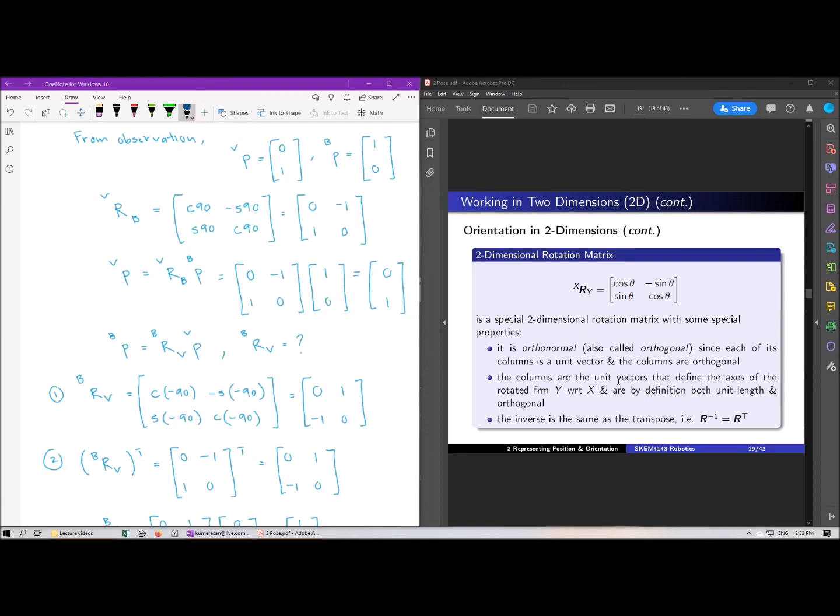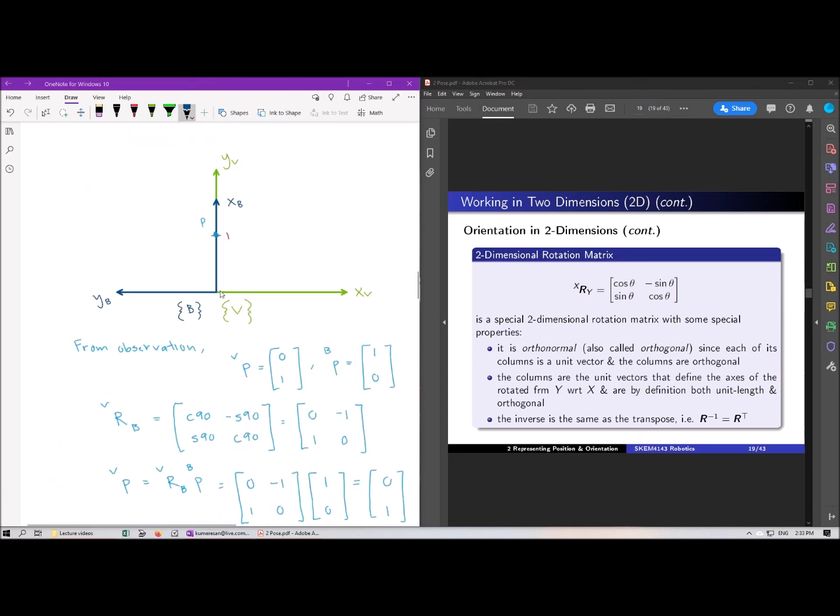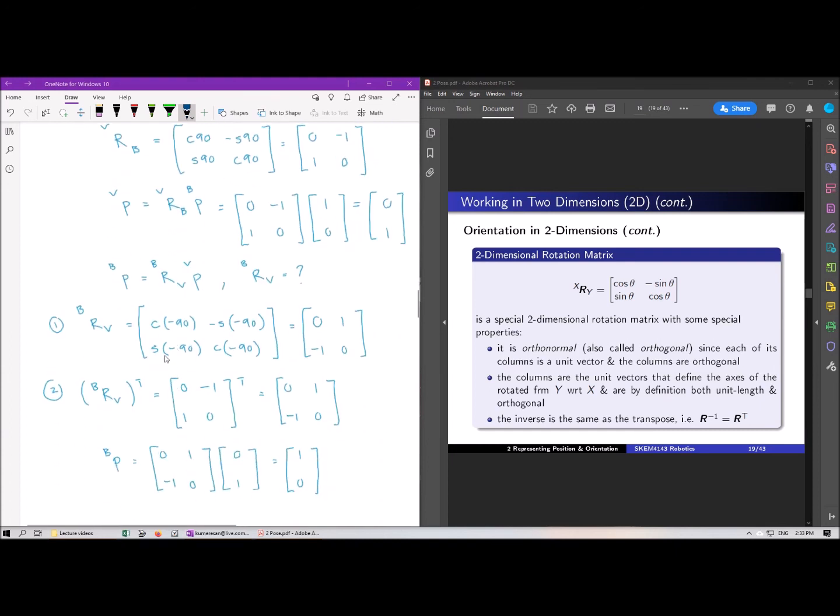If you still want to use the formula, no problem, but be careful of the angle. So coordinate frame V is this way. So it has been rotated from coordinate frame B this way, 90 degrees, which is clockwise. Therefore, we have to use minus 90 degrees, as shown here, cos minus 90, minus sine minus 90, and so on.